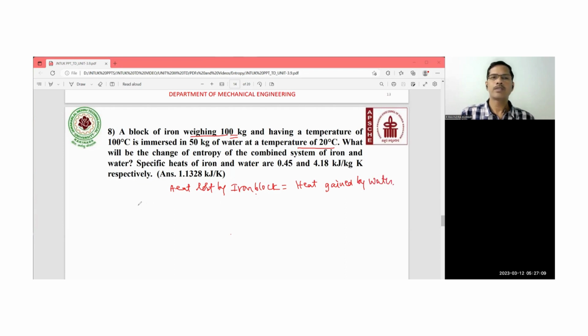When you get this in your mind, then you can easily solve. This is 100, and the specific heat for iron is 0.45, and the final temperature TF, which is what you need to find, is equal to heat gained by the water, 4.18 times TF minus 20 degrees centigrade.